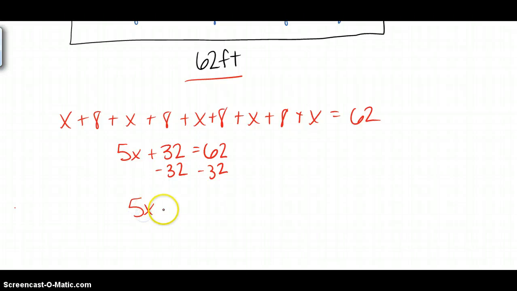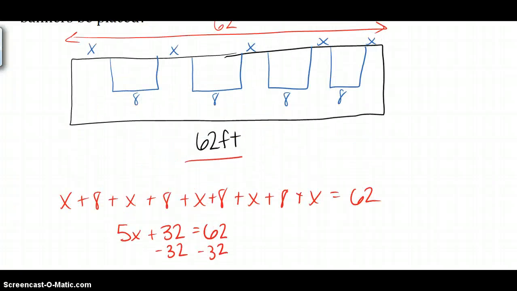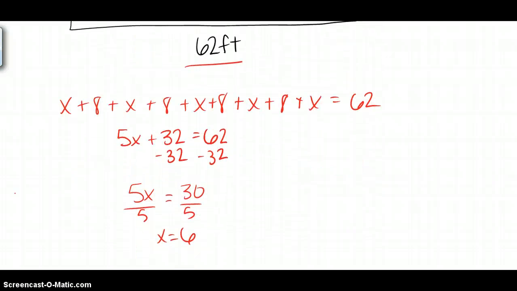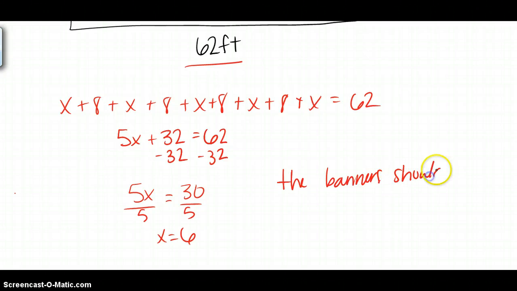So we have 5x equals 30, divided by 5, x equals 6. So that means that if x is 6, if you look back at your picture, the banners should be 6 feet apart. So your answer should be the banners should be 6 feet apart.